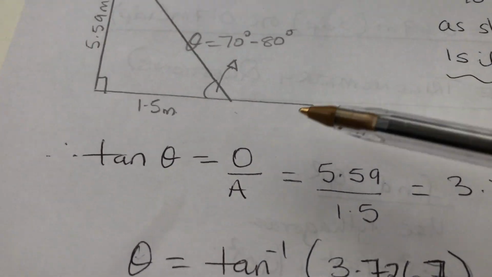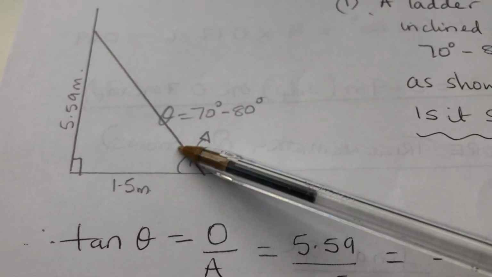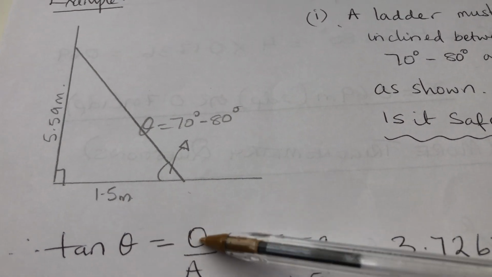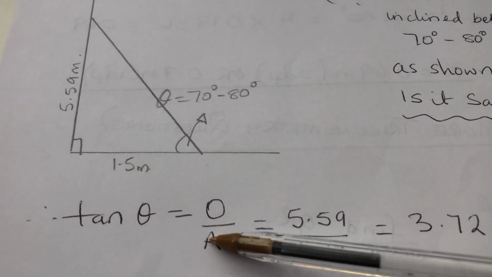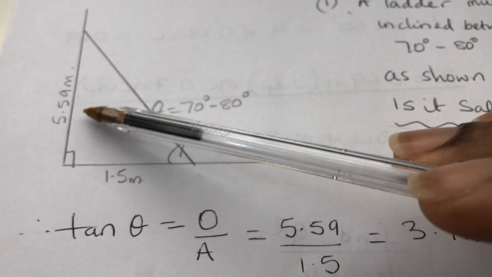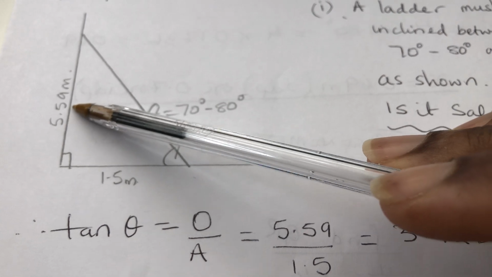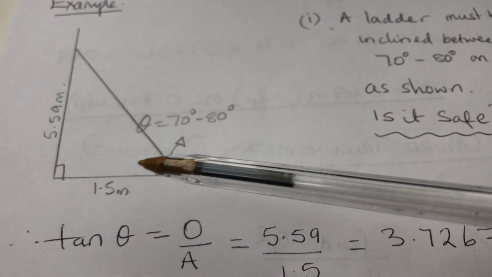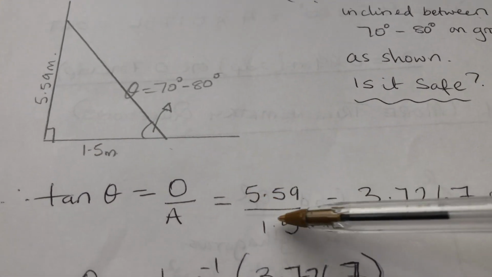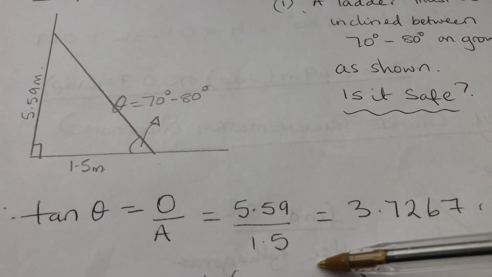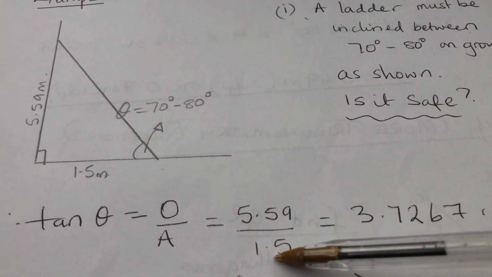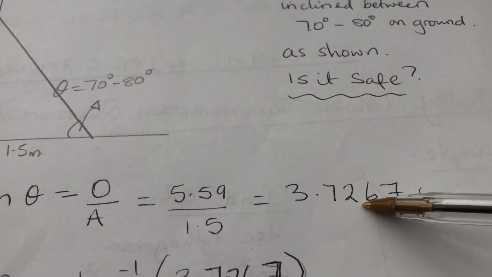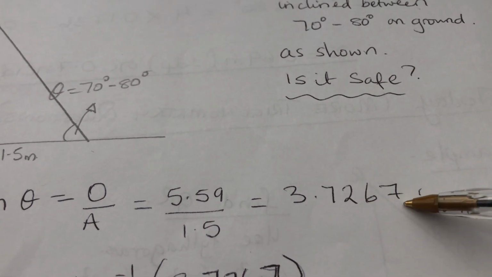Now tan of this angle, which I've called theta, is the opposite over adjacent. The opposite here is 5.59 meters, the adjacent is 1.5 meters. If you use the calculator properly, you are going to get 3.7267.